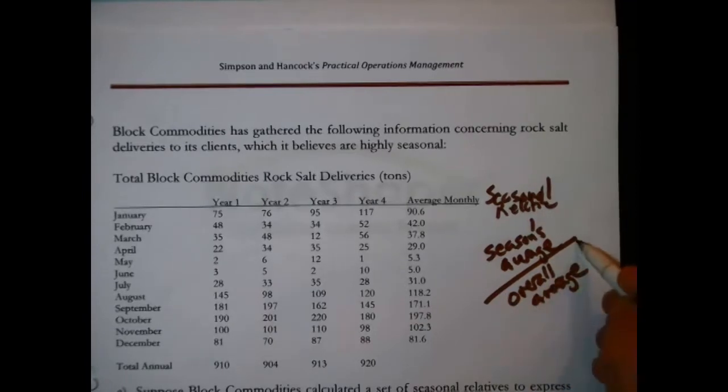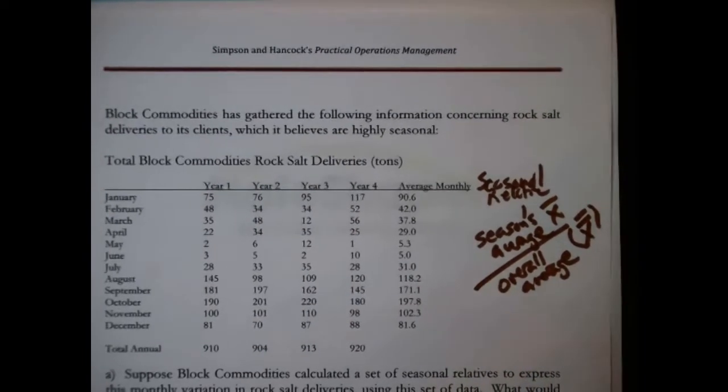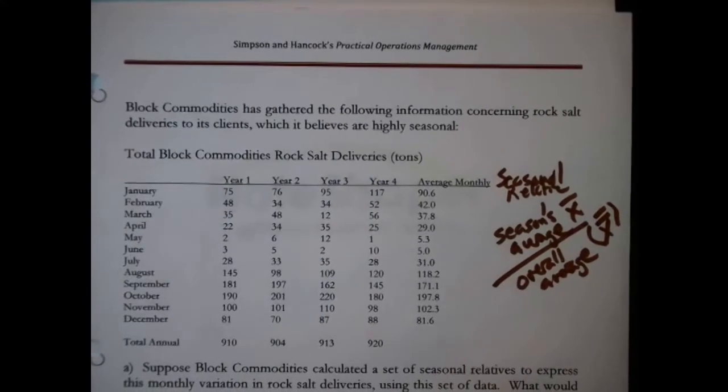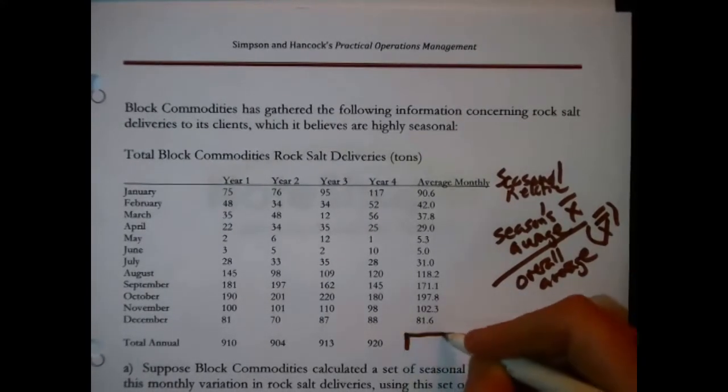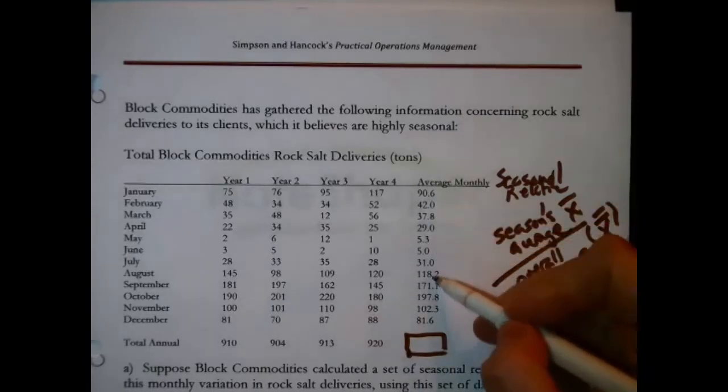If the season's average is X bar, the overall average would be X double bar, or the average of the averages. Now, what would that be here? Well, that would be the average of each of these monthly averages.